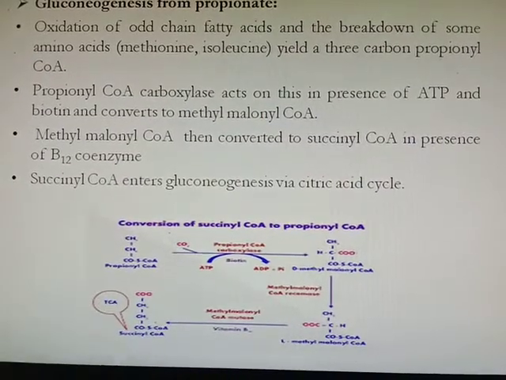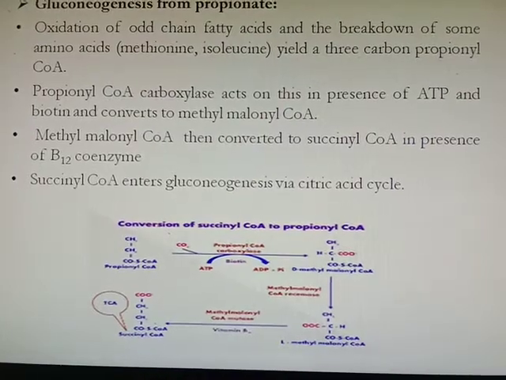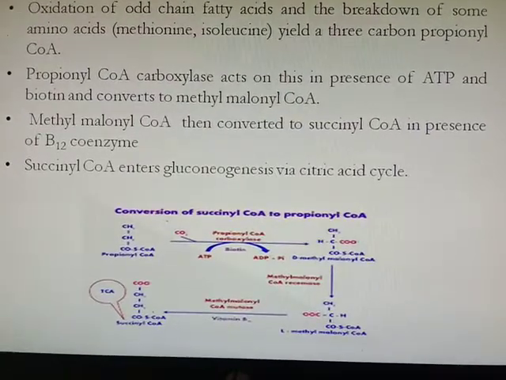That succinyl coenzyme A will enter into gluconeogenesis via the citric acid cycle.